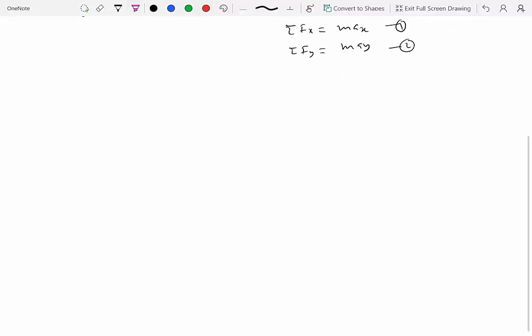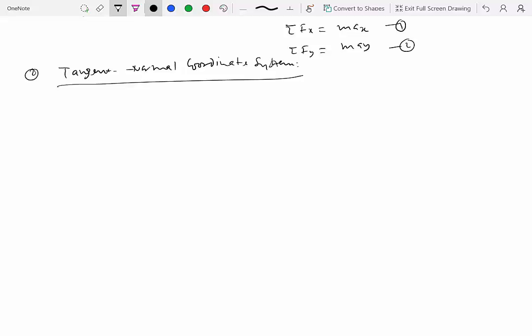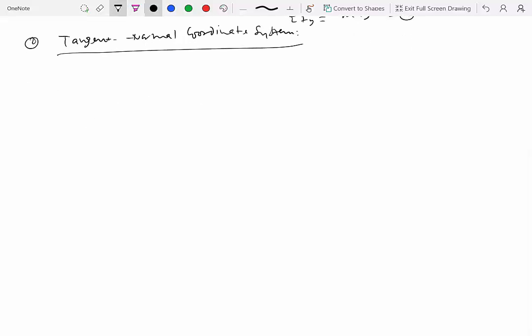Something similar can be done with other coordinate systems as well. So let's say we have the tangent normal coordinate system. That's our number 2 that we're discussing. In the tangent normal coordinate system, we again have the particle which has a certain velocity, could have some acceleration, but this time we are going to be resolving everything in terms of the tangent normal coordinate system.